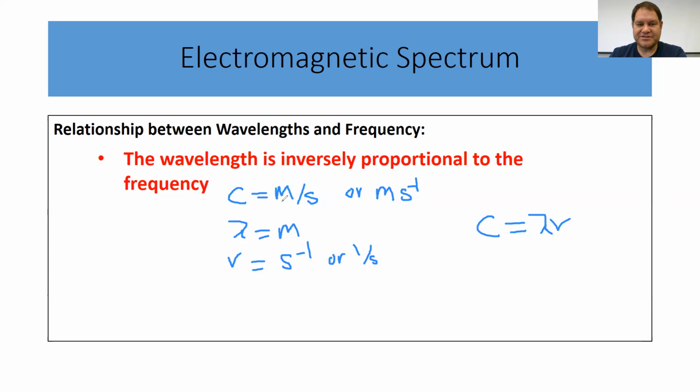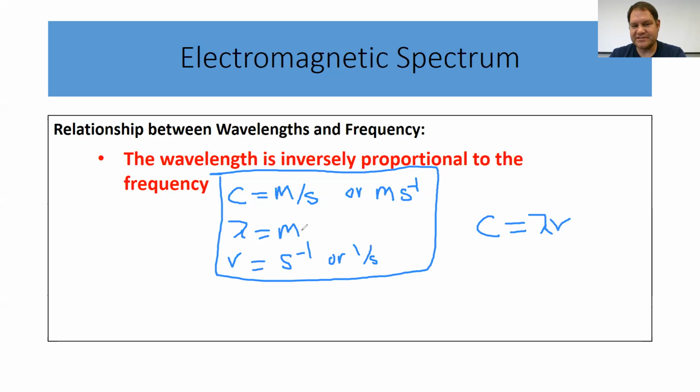So make sure that you have these units all written down, and don't forget that. I have a lot of students that will make mistakes in their calculations because they're using the wrong units. They'll use nanometers instead of meters, but they have to be in meters in order to use the wavelength here, because the speed of light is in meters, okay?